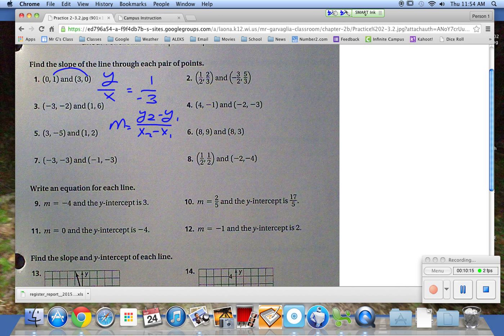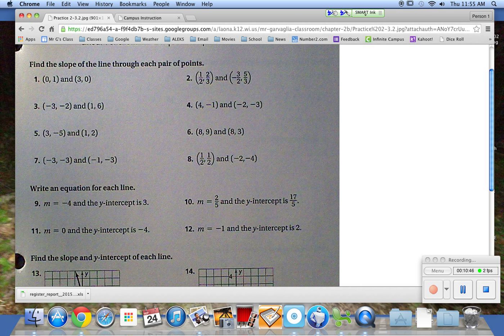All right. Let's take a look at number 3. In your head, what would be the slope of number 3? Remember, you're subtracting. What's negative 2 minus 6?